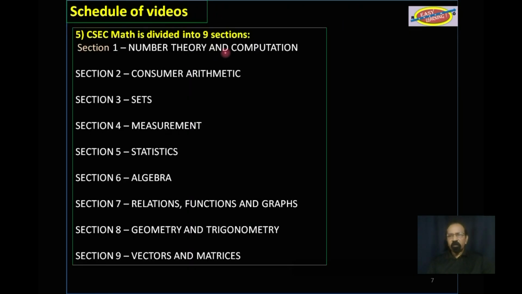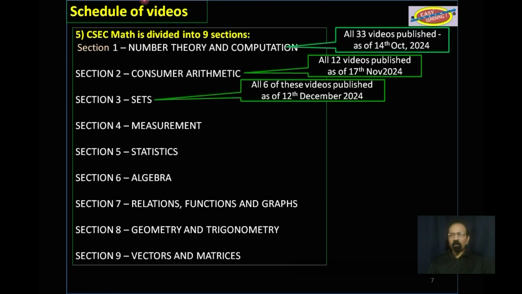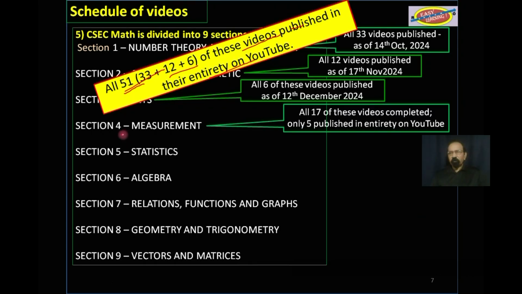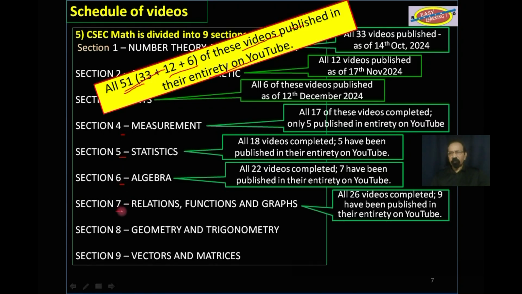Schedule of videos: as you already know, Sections 1, 2, and 3, all 51 of these videos have been published on YouTube in their entirety. Please make good use of them. Sections 4, 5, 6, and 7, all of those have been completed.